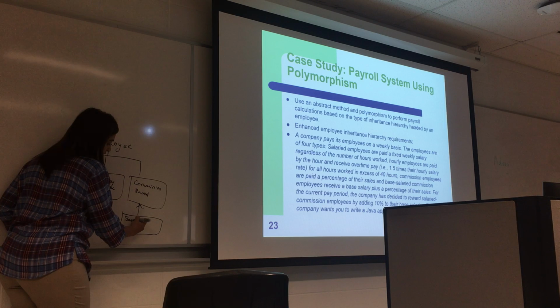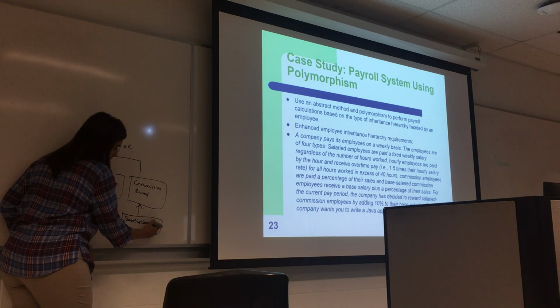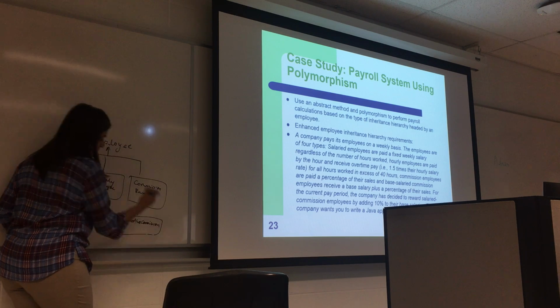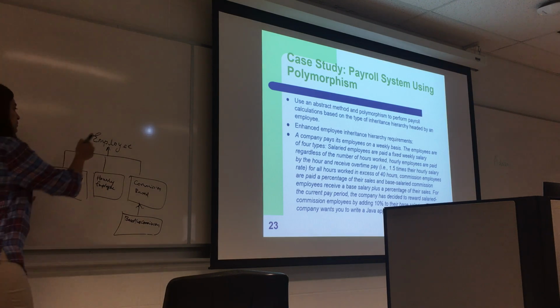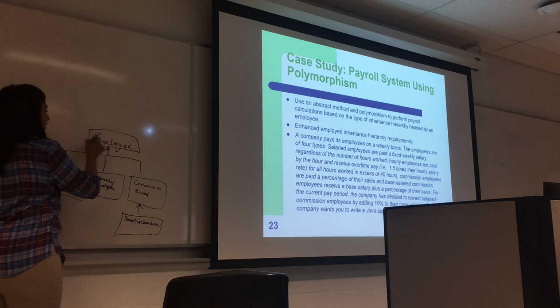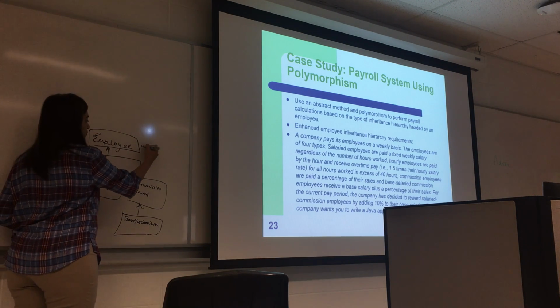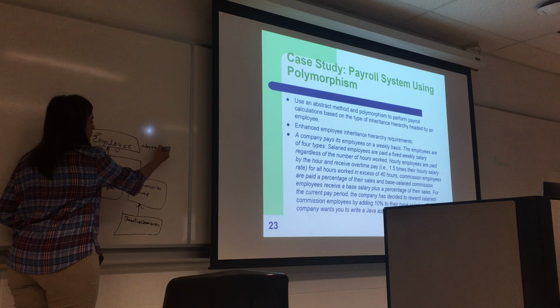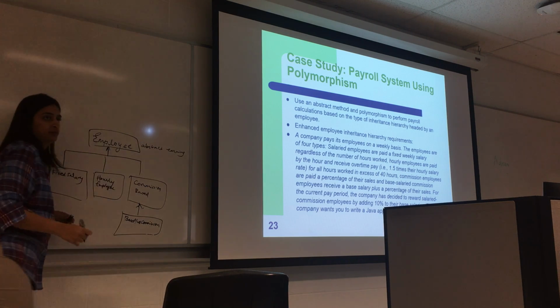There is base plus commission employee. Correct? Same thing. Now, what you're doing here is just that the hierarchy is changed. Now, employee class will have an abstract method for earnings or for calculate salary. Correct?